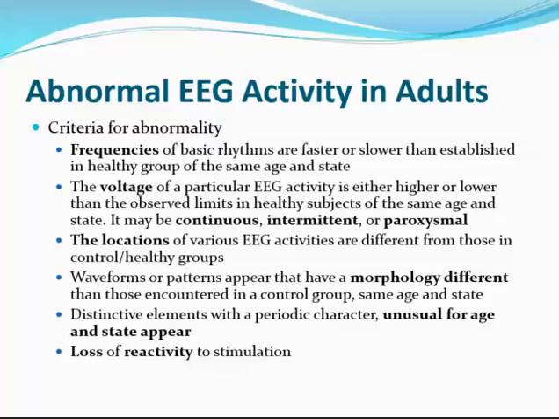Now let's look at abnormal EEG activity in adults. Criteria for abnormality: you're looking at frequencies, voltages, locations, and loss of reactivity. There are certain expectations.